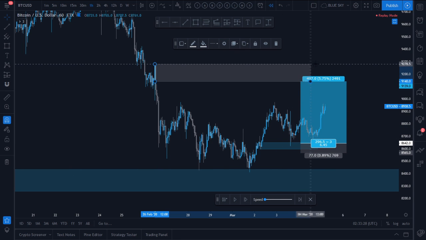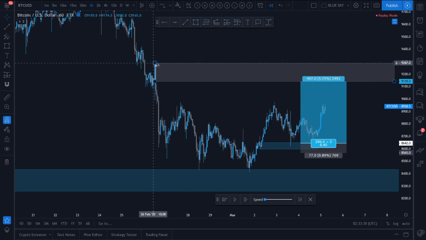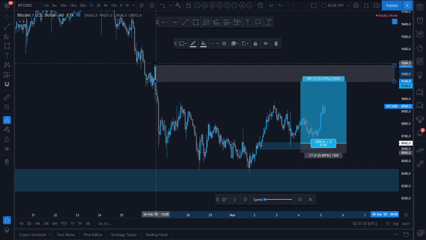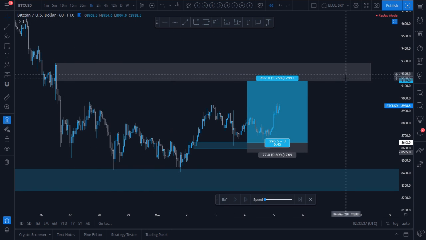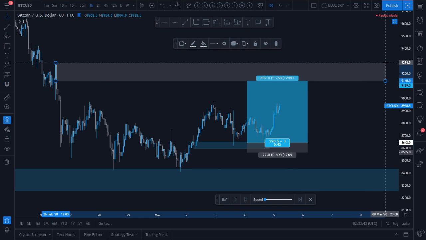Hold on, let me make this one here a bit wider. This is our supply zone. Supply means there are sellers, guys. This range will highly likely act as strong resistance, as mentioned.